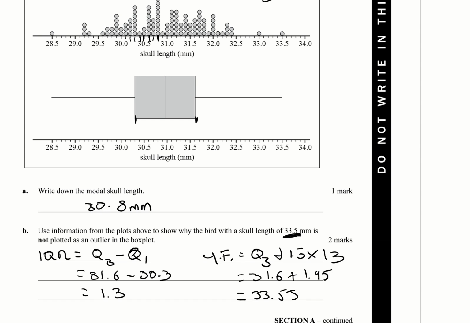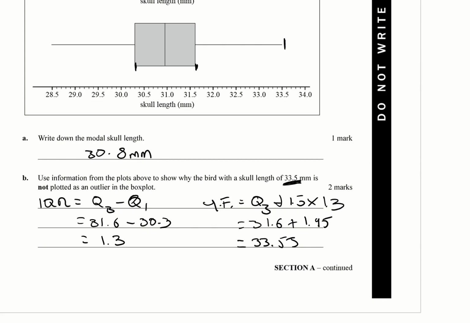So when I'm looking for my upper fence, it would be just there. So basically, as you can state, as 33.5 is less than 33.55, it is not an outlier. Okay, so that's how you do question 1 in this exam.